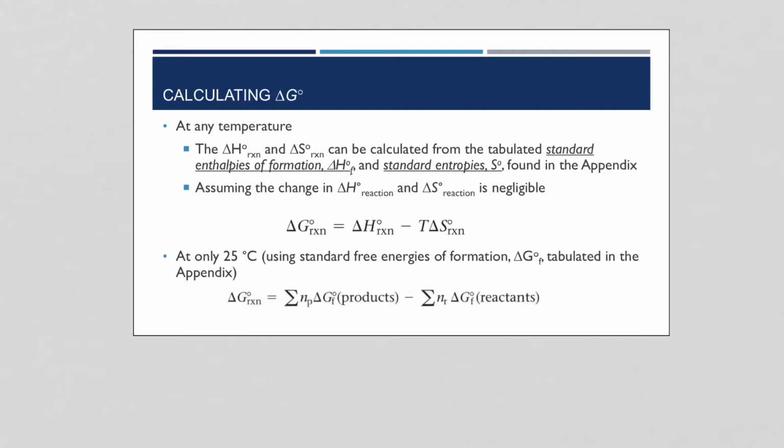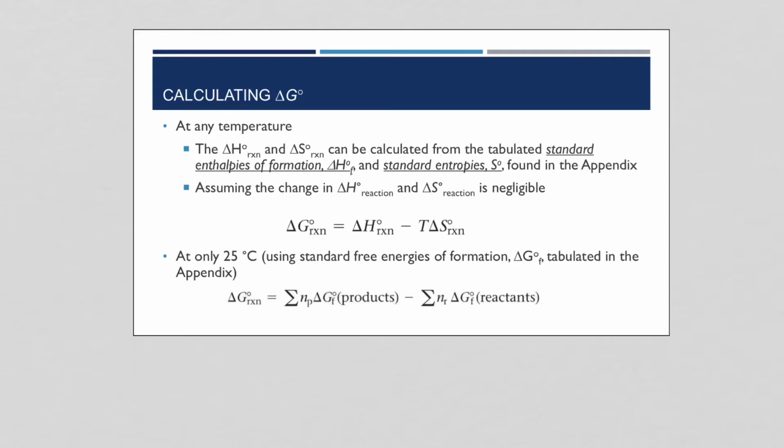Now, there is another way that we can do this, but it's a little bit more restrictive. If we are operating at 25 degrees, we can use standard free energies of formation, or delta G standard state of F. These are very similar in concept to what we saw with standard enthalpies of formation that we can tabulate, and these are in the same appendix in the back of the book.